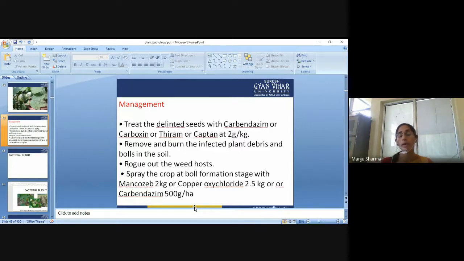Spray the crop at boll formation with mancozeb at 2 kg or copper oxychloride at 2.5 kg or carbendazim at 500 gram per hectare. These are the chemical treatments by which we can manage the disease.